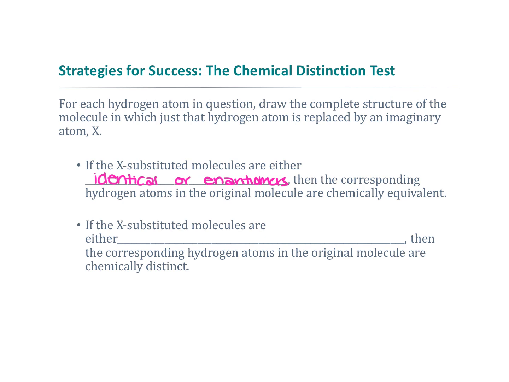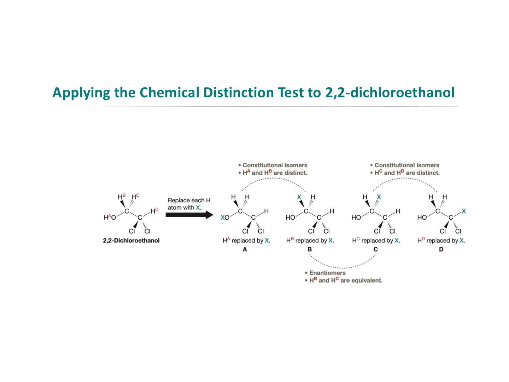If the X substituted molecules are either isomers or diastereomers, then the corresponding hydrogen atoms in the original molecule are chemically distinct. Now, when we look at this, right, he's showing this molecule, HOCH2C, and we've got Cl and Cl and H, okay?